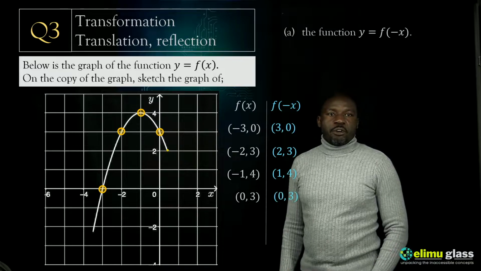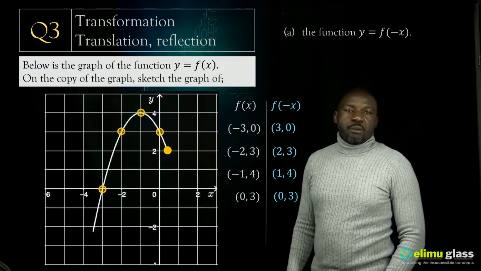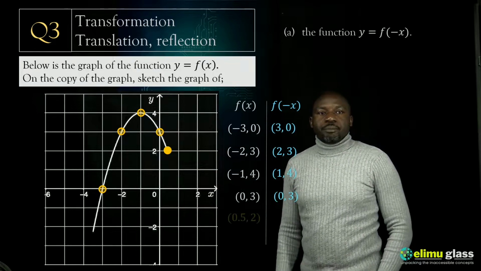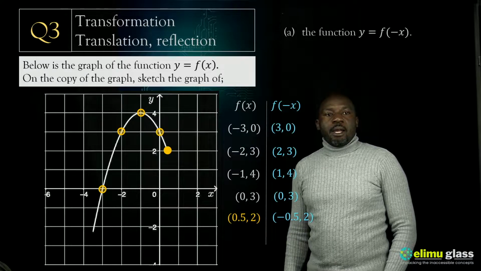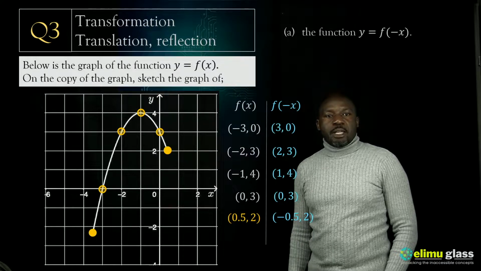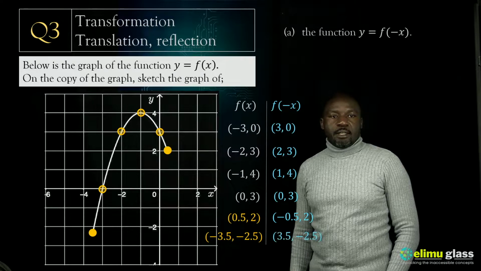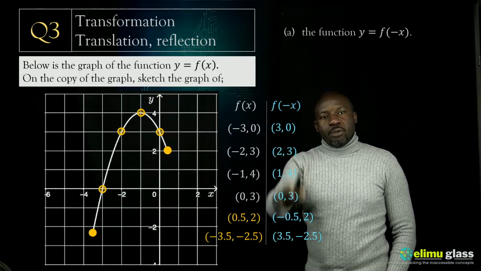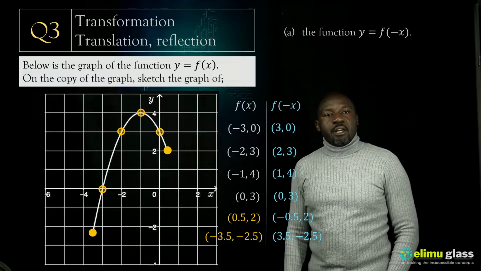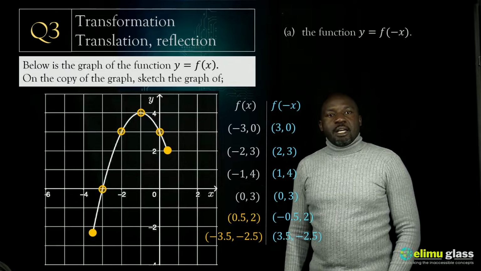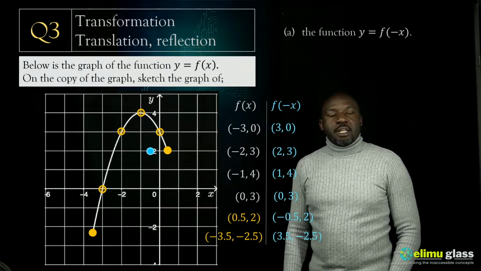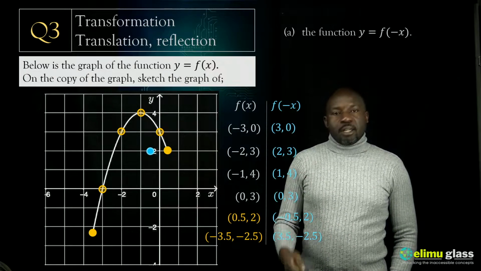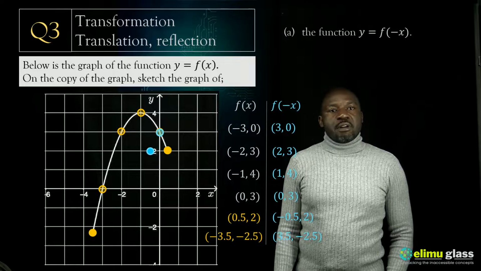If we plot all the points, I'm marking the endpoints with a filled-in dot. The last one there has coordinates as given. Now our job is to sketch the blue side, the coordinates of f of minus x. When I plot them in, the reflection of this endpoint must be that. The y-intercept remains invariant.